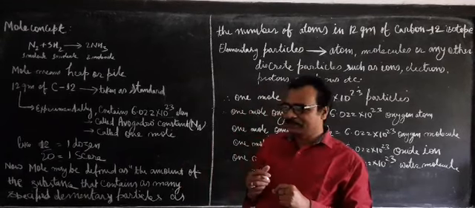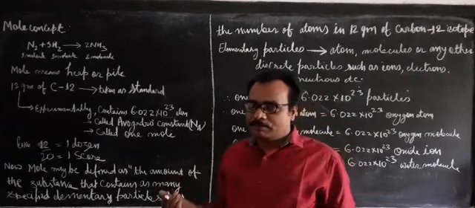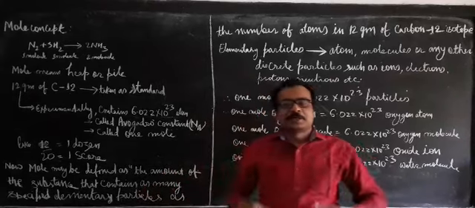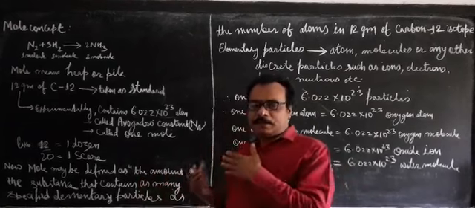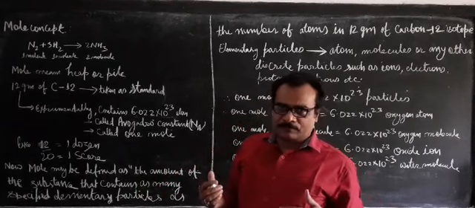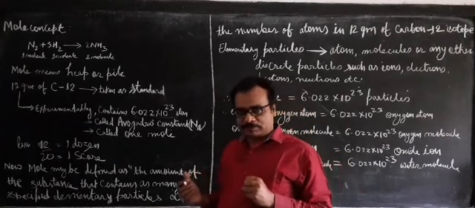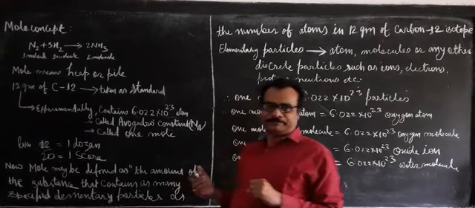So 1 mole is nothing but the number of atoms, the number of molecules, the number of ions, the number of electrons, protons, or any elementary particle which might be contained in a certain amount of substance. That much amount would be known as 1 mole.